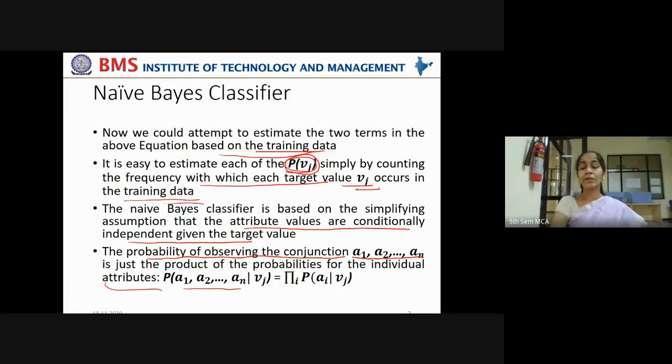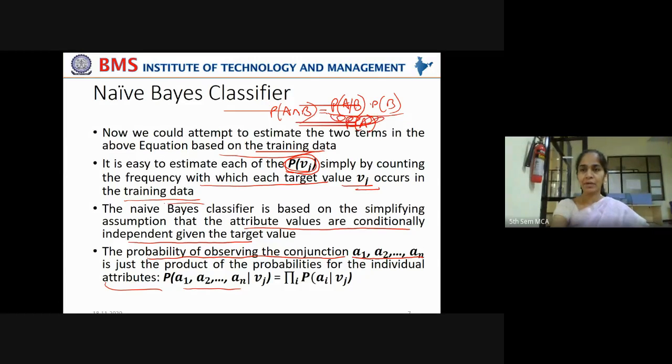What is the product rule in probability? The probability of A and B occurring together is nothing but the product of probability of A given B multiplied by probability of B, or probability of B given A multiplied by probability of A. Refer to the product rule given to you in the first lecture of this module.